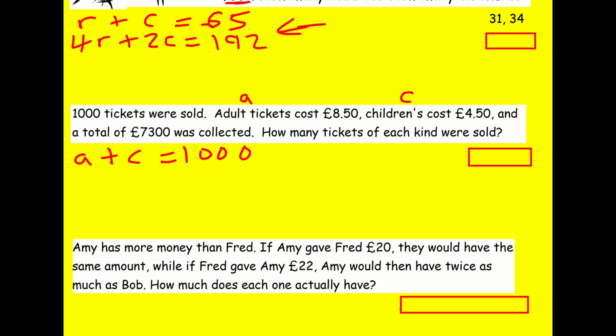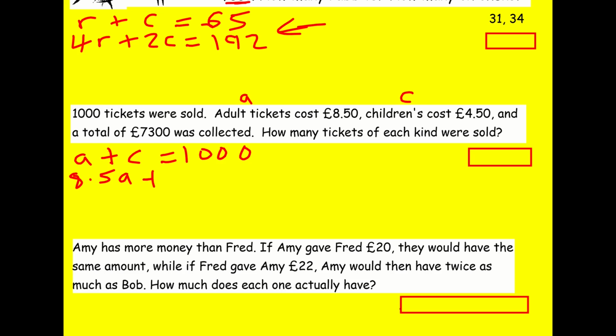Then the total amount of money I get from my adult tickets is going to be £8.50 multiplied by the number of adult tickets that I sold. I'm just going to write this as 8.5. It's the same as £8.50. It's just I've turned it into a more mathematical decimal problem. There's no need to put the 0 there. You can if you want.